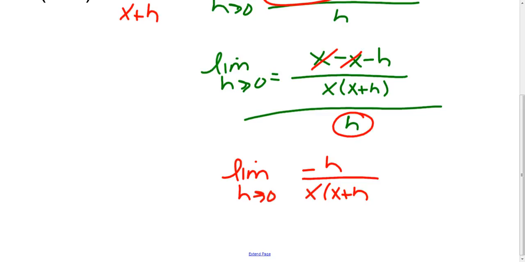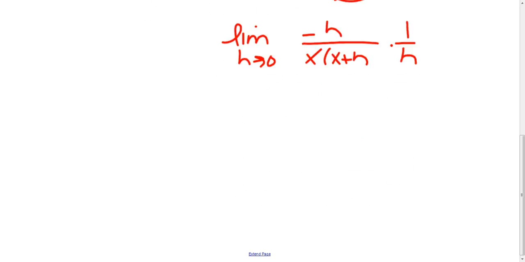I'm going to take this h right here, and instead of dividing by h, I'm going to multiply by 1 over h. These h's cancel, and now I'm right here.